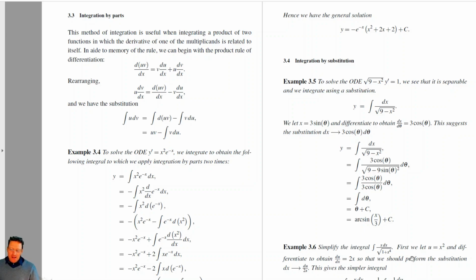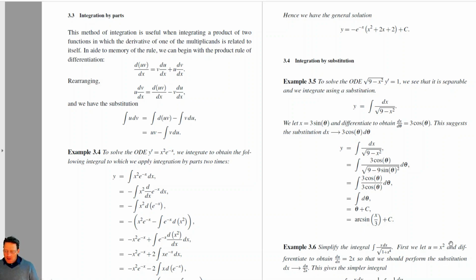All right, now let's move on. Let's simplify the integral x dx over square root of 1 plus x to the 4th. Now this is probably the hardest example, and it's a good one because it forces you to see how you might need sometimes some hyperbolic functions. Or does it? Actually, maybe that's the next example.